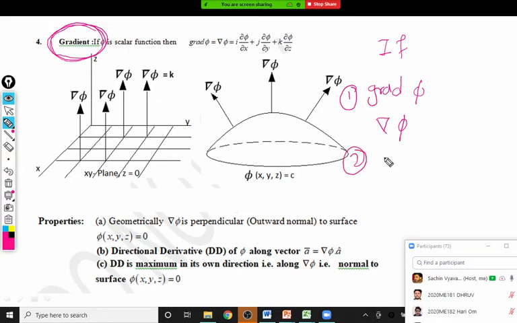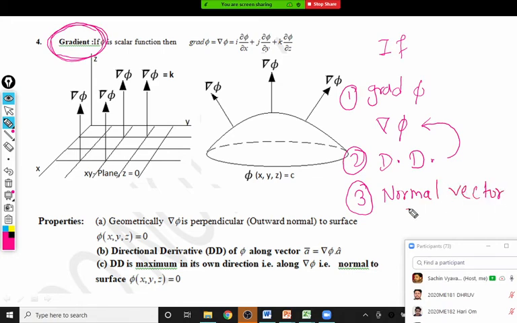Next, if the question says find the directional derivative, then also we have to calculate del phi only, because del phi is nothing but the directional derivative, or the rate of change of function phi. And the third thing, if the question says find a normal vector to the surface, then also we have to calculate del phi only.